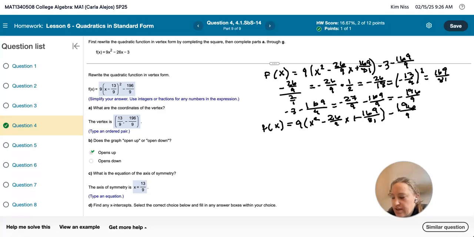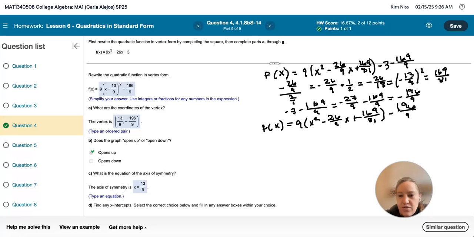And really you can see that the numerator, what they share in common is 13. So this negative 26 is 13 times 2. And this 169 is 13 squared. And the denominator shares a 9 term. So this is 9, and then this is the square root of 81.